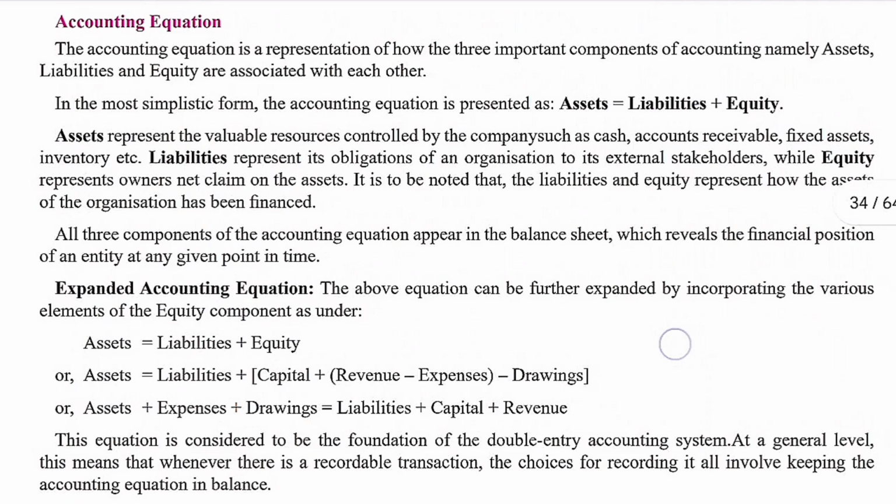That means owner's investment or debts. From where do we get the money to buy an asset? Either by debts, we might be borrowing money to buy an asset, or it might be the owner's investment, that means equity. So this is what the accounting equation actually talks about.